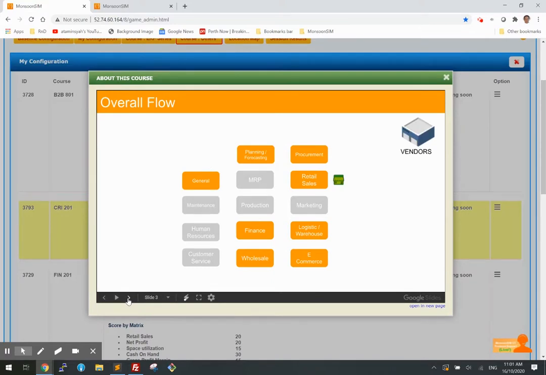Here is the overall flow for this course. We will have a retail store set up and we will buy product from our vendors who are importers, and we will ship the product to our retail store and we will sell our product through retail stores to the consumers.